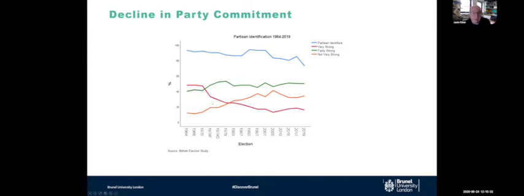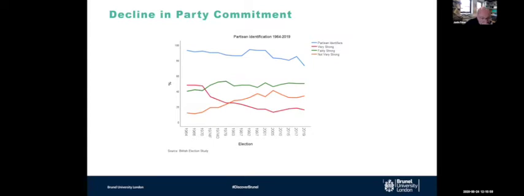Now, the critically important line in this graph is this red line. And what we see here is that at a time in the 60s when most people leant towards one party, nearly 50% of those people leant towards that party very, very strongly. In other words, it would take something really, really huge for them to vote against their team, for them to vote against their party.